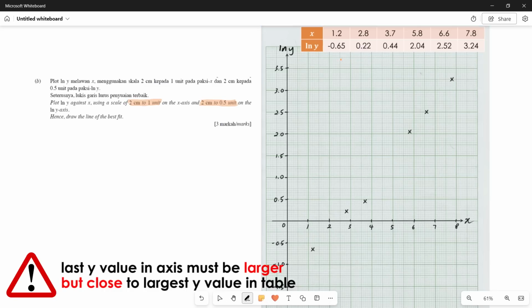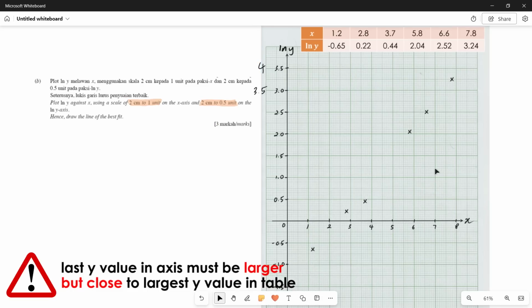So meaning, we don't put the last value, which is, let's say, 4. Because if here is 4, here is 3.5, right? And from 3.5 to 4, there are no points in this range, right? So I would say this space is wasted. And this space will be useful if we put it into the negative part here.